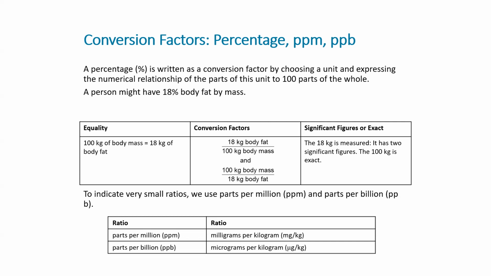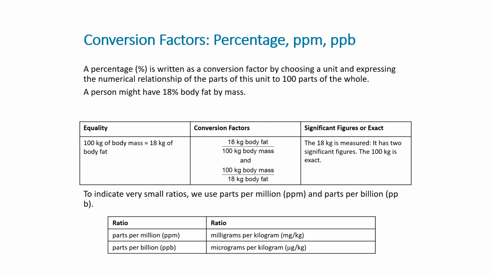If we were wanting to convert that to parts per million, notice that the mass unit in the denominator is already in kilograms because it was in 100 kilograms of body mass. So all we would need to do is convert the 18 kilograms in the numerator to milligrams.